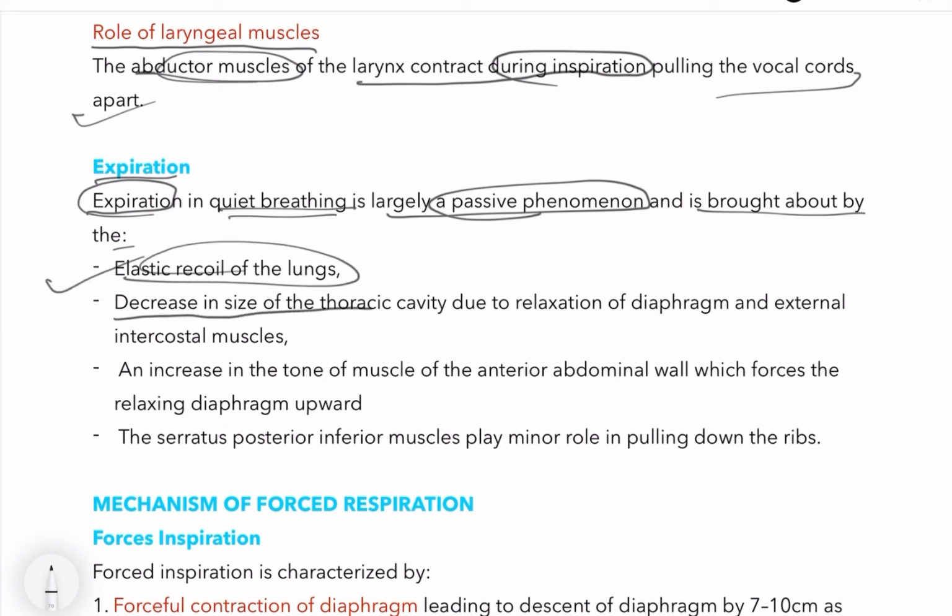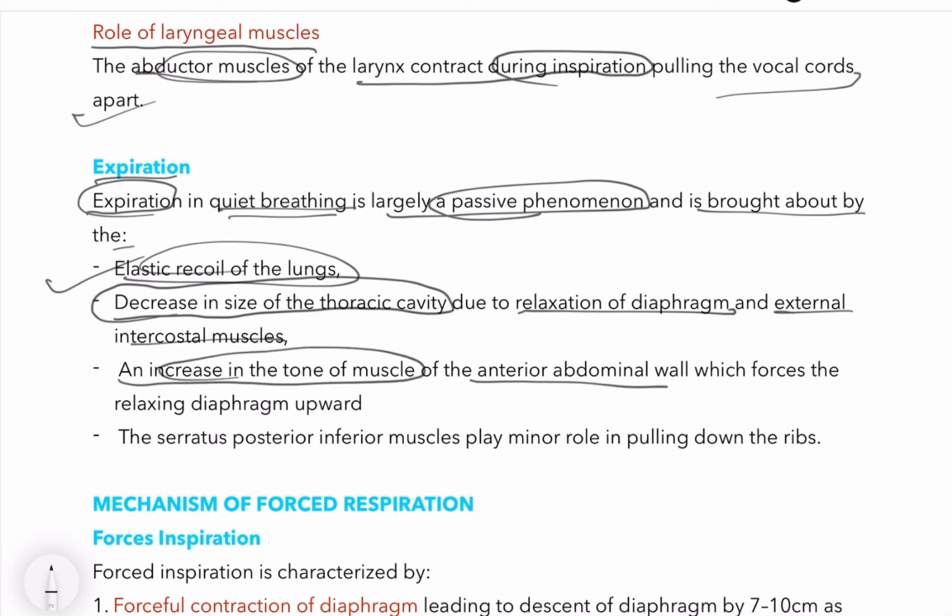decrease in size of the thoracic cavity, because as the air goes out, there will be a decrease in the size of the thoracic cavity leading to the relaxation of the diaphragm and the external intercostal muscles. Both the muscles and the diaphragm will relax, and there will be an increase in the tone of the muscles of the anterior abdominal wall, which forces the relaxing diaphragm upward.